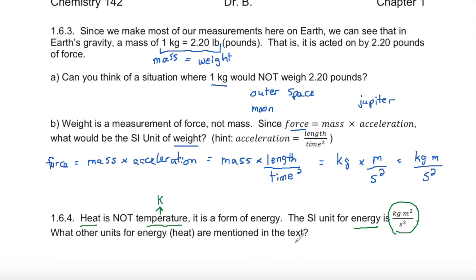The textbook mentions some other units for energy that we're going to be using in Chapter 3. One of them is a joule, and one of them is a calorie. We also have nutritional calories, which is with a capital C. Kilowatt hours is another unit for energy that you might see on your power bill. So we have different units for each of these properties.